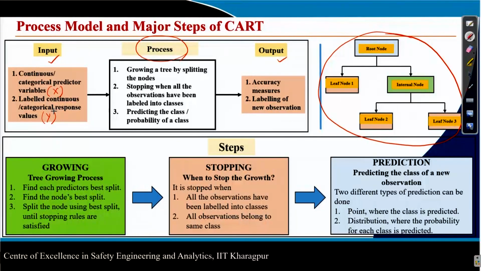The class variable can be continuous or categorical, depending on this. Actually, the output also will be either categorical or continuous, but for this particular lecture we are considering classification. So, y is our categorical response. Then what actually will be your output?